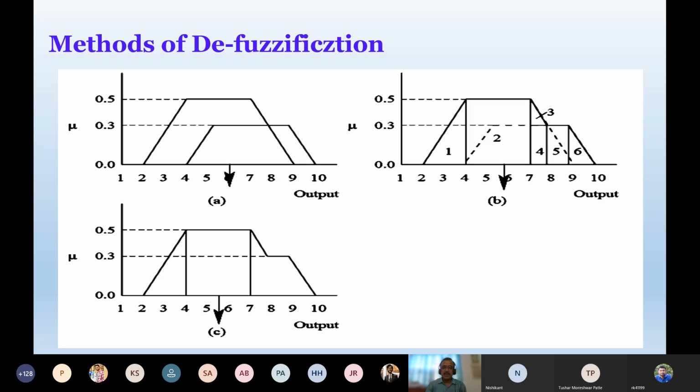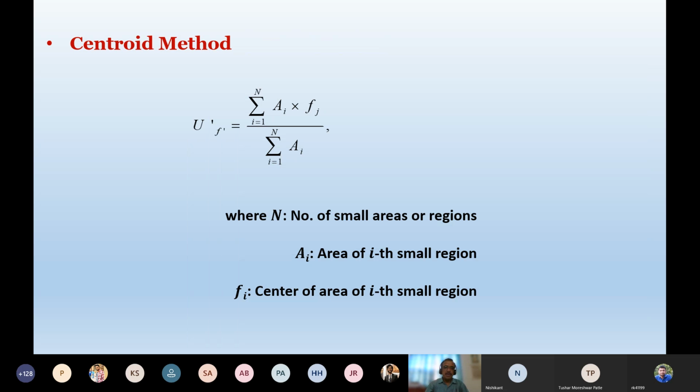And once you've got the area and center of area information for each of these regular subregions, now I can take the help of a mathematical expression like this. So this is nothing but the crisp output is summation i equals 1 to n of ai times xi, oh, this should be fi, I'm sorry, this is a mistake, divided by summation i equals 1 to n of ai.